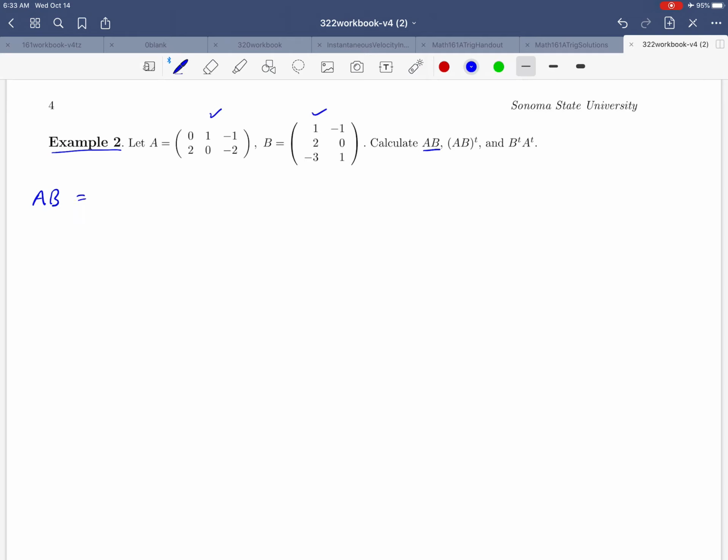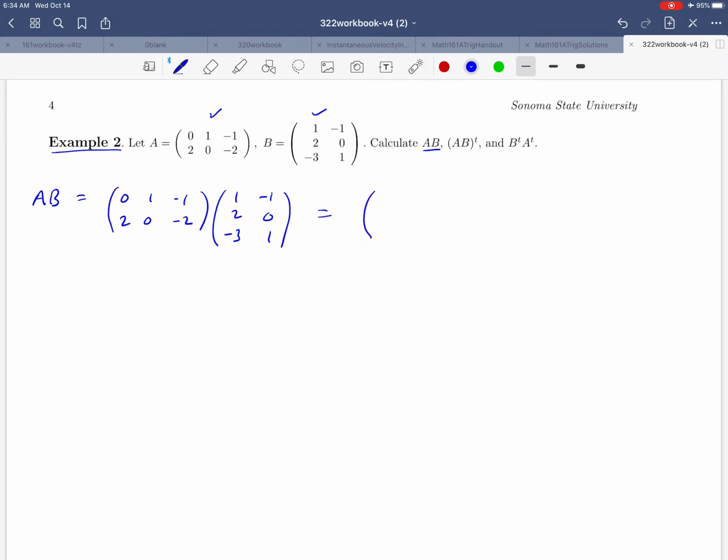We'll go ahead and write out our two matrices. So we've got 0, 1, negative 1, 2, 0, negative 2 times the matrix 1, 2, negative 3, negative 1, 0, 1. For those of you who've seen matrix multiplication before, you might remember that this has something to do with taking rows of the first matrix times columns of the second matrix.